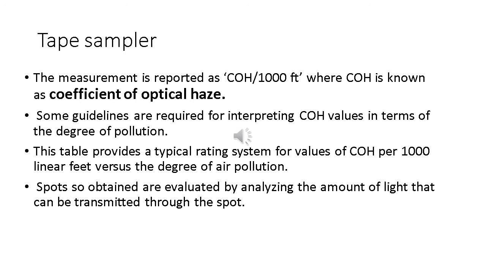For interpreting COH values, there are different guidelines, and the interpretation of the COH index is discussed in the next slide. After the air sampling, the pollutants are collected on the surface of the tape, that is known as spots.